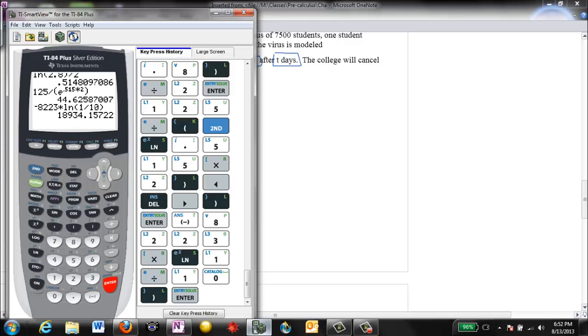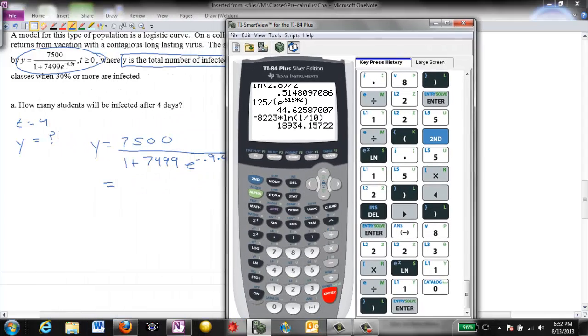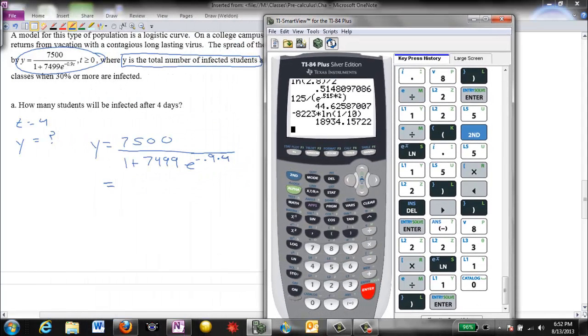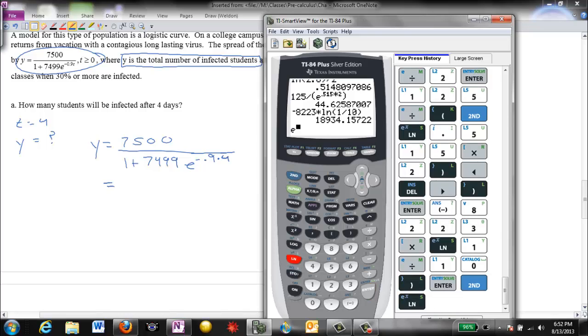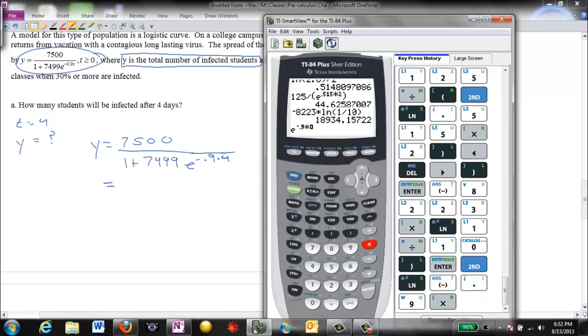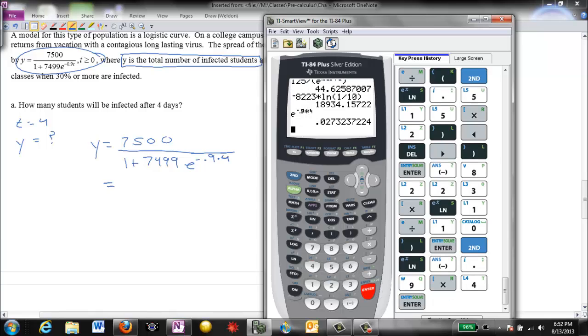So I'm going to pull up my calculator here, and I'm just going to start with that bottom piece. So I'm going to start by calculating what is e to the negative 0.9 times 4, right? So second ln here, so I have negative 0.9 times 4, right? So I'm going to hit enter, and that's 0.027.